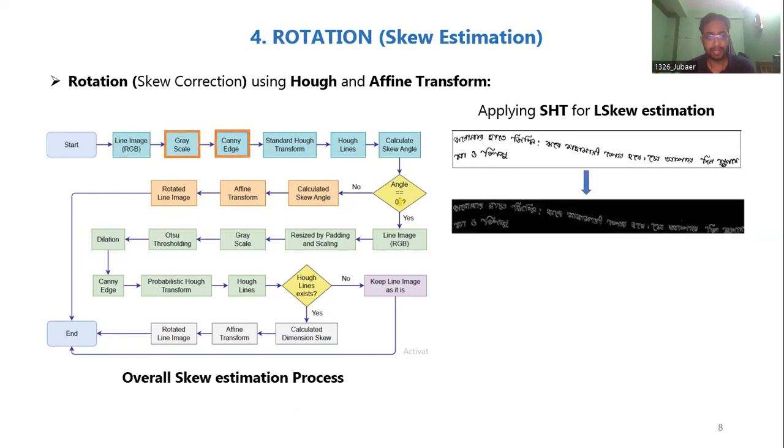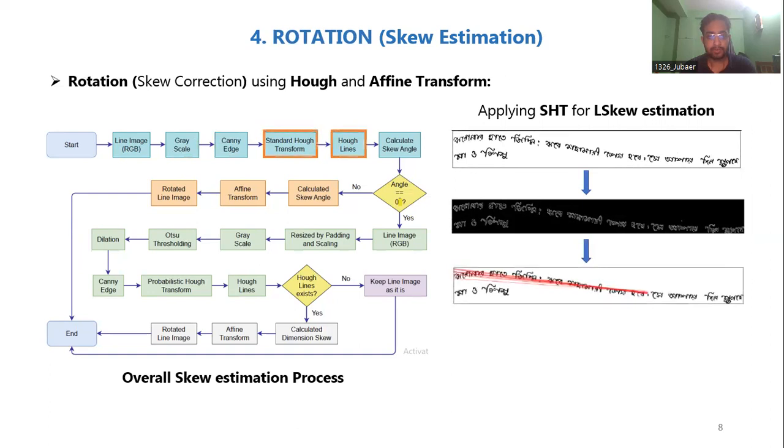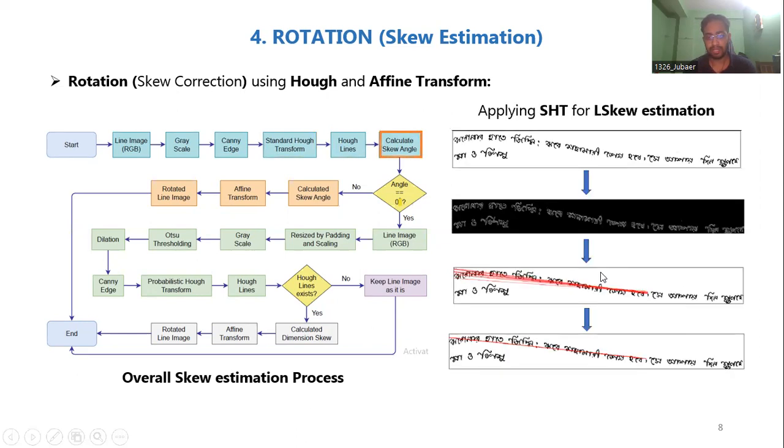We applied grayscale and Canny edge detection as a prerequisite of Hough line methods, and then we applied the standard Hough transform, which detected various Hough lines. Among those many Hough lines we have to select the best ones, hence we took the average of those lines, and we got the best handwritten lines.